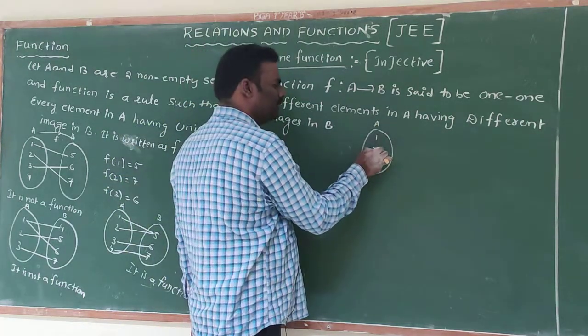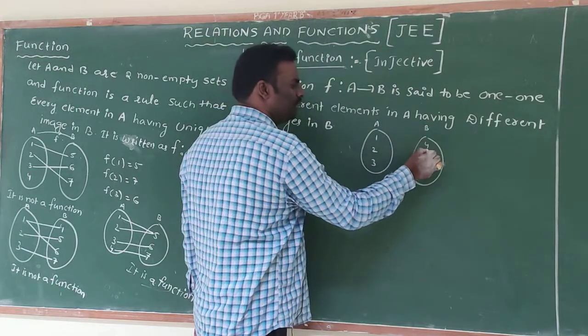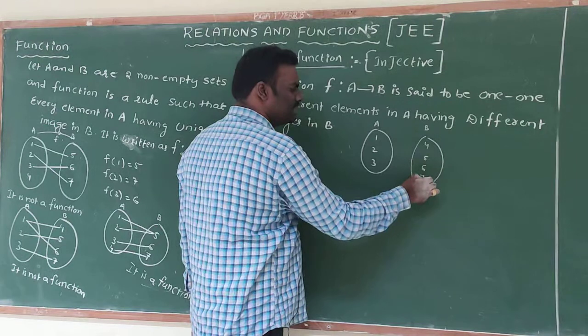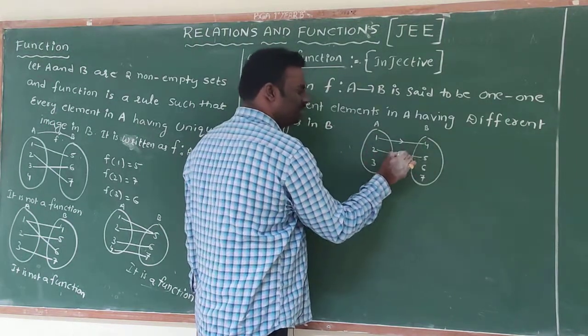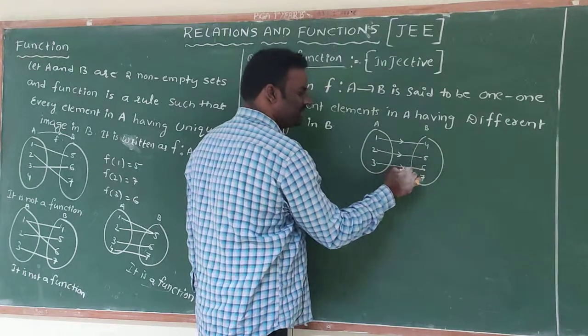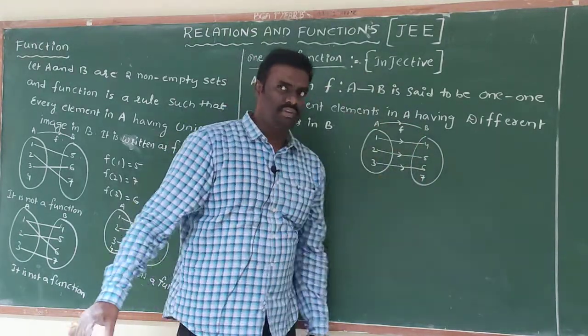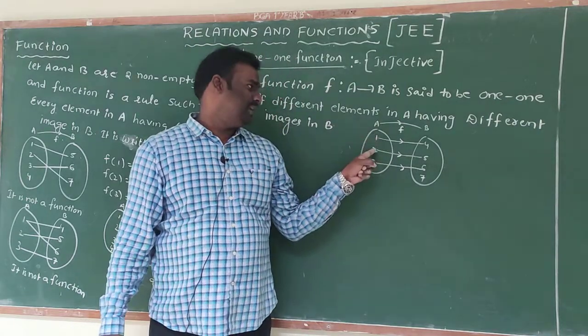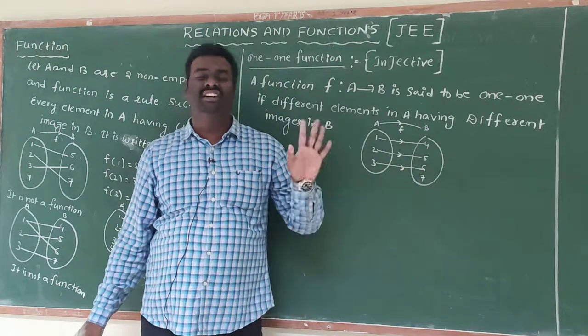I will take a simple example. A is 1, 2, 3. B is 4, 5, 6, 7. 1 is related to 4, 2 is related to 5, 3 is related to 6. Is this a function or not first? Yes. Why? Because every element in set A has one and only one image in set B. It is a function.